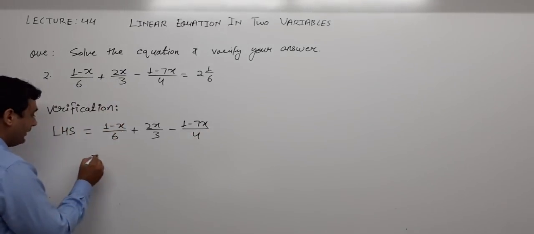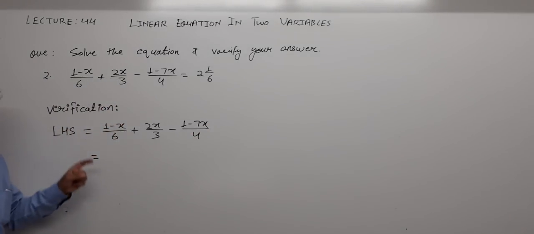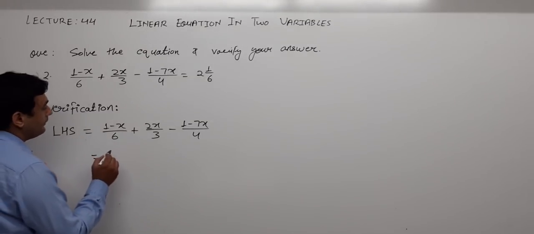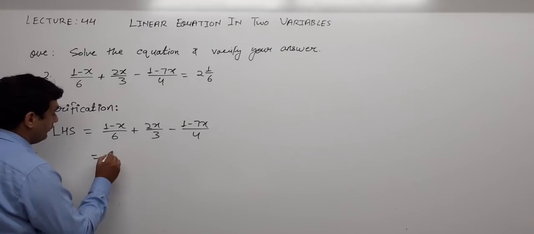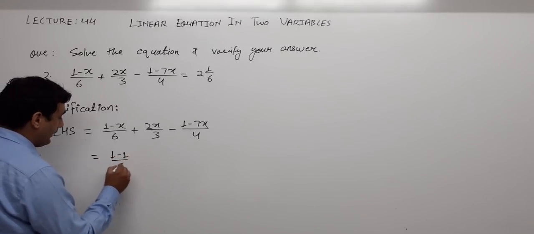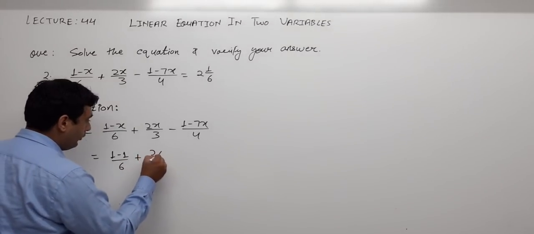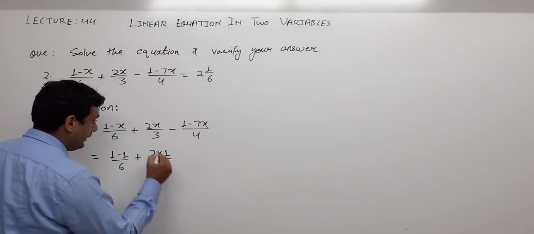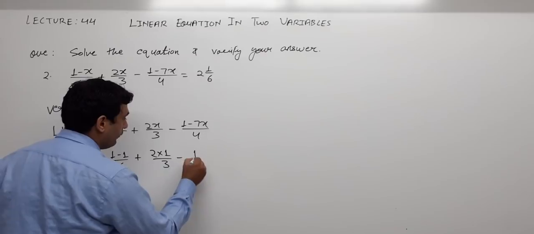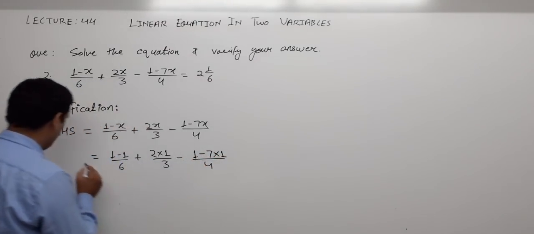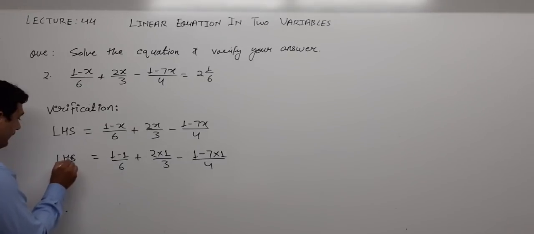That is the left hand side. Now what I have to do? I have to put x equal to 1 to verify this. So 1 minus 1 upon 6, so this will ultimately become 0, plus 2 into 1 upon 3 minus 1 minus 7 into 1 upon 4. Okay, this is the left hand side.